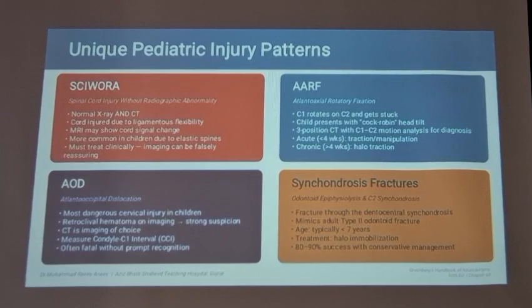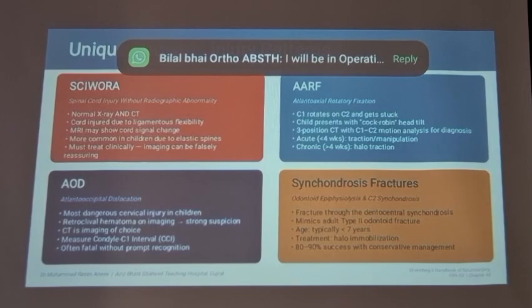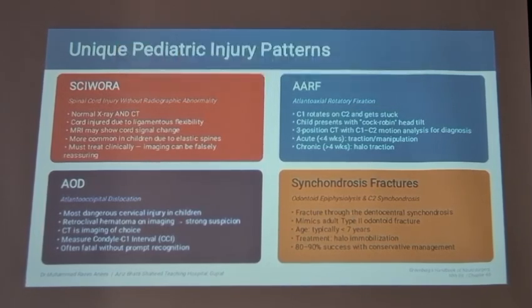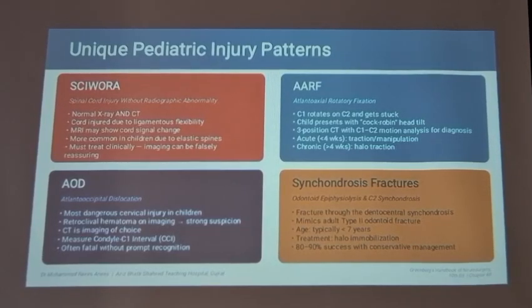If these are acute injuries, less than 4 weeks, we can go for traction and manipulation, and if chronic, then halo traction. But if it still cannot be corrected or there is a neurological deficit, then we go for the surgical option.